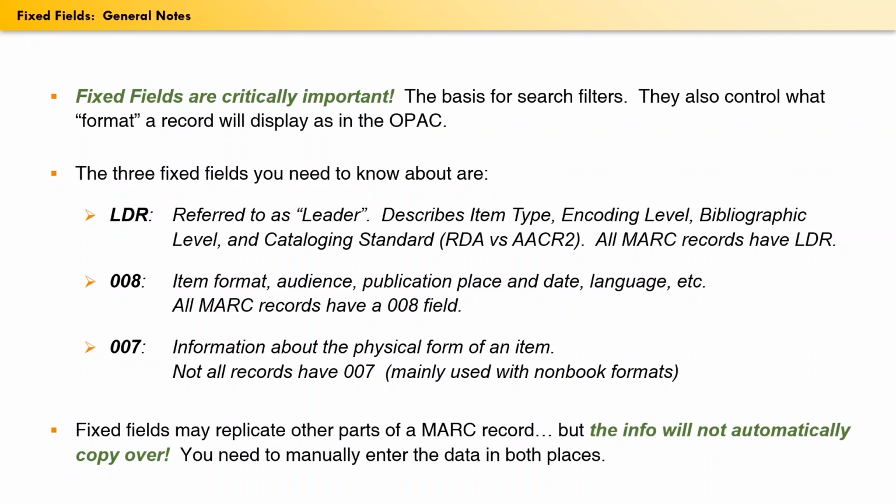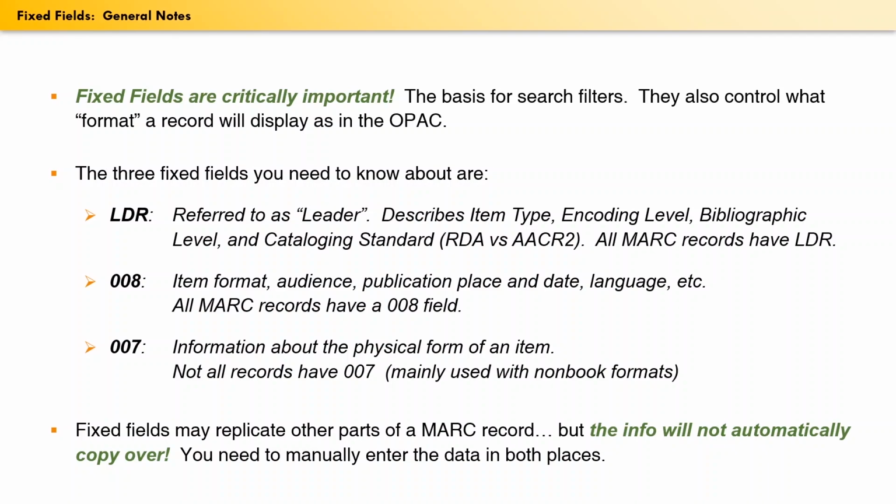But one final thing to note here. Some of the information in fixed fields may replicate other parts of a MARC record. For example, publication date is noted in field 264, subfield C, and publication date is also noted in a fixed field area.